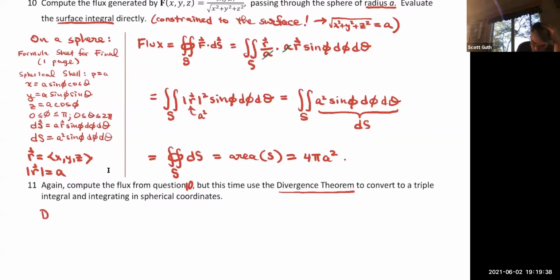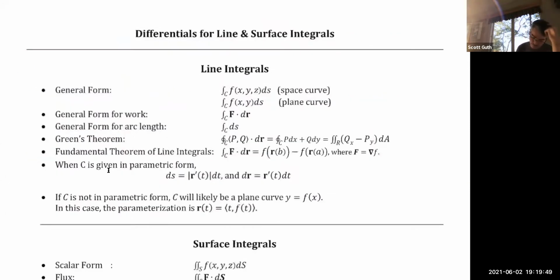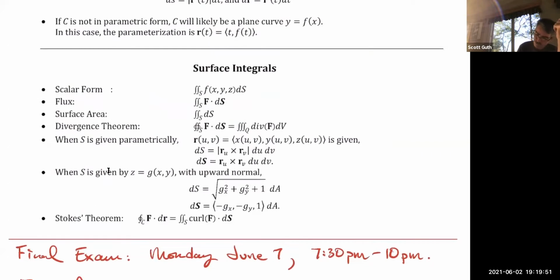The divergence theorem is on the formula sheet. I'll show you, up at the top. Here's the divergence theorem. We're converting this flux integral to a triple integral of the divergence of the field.